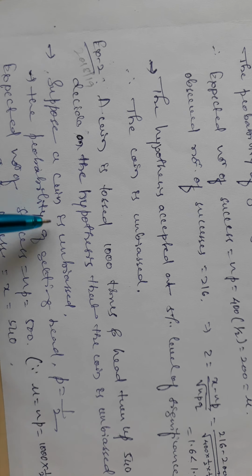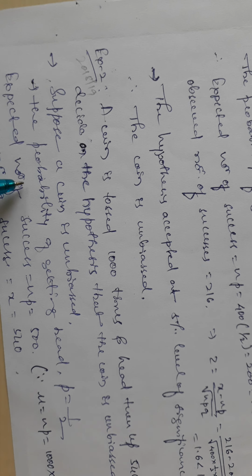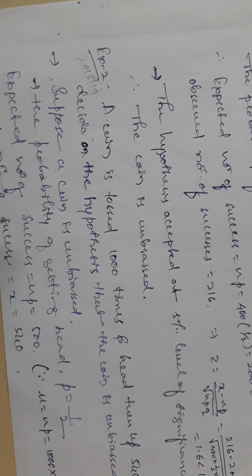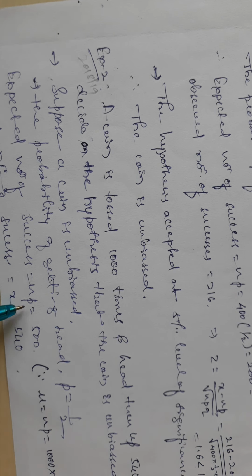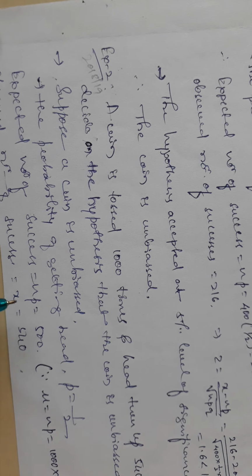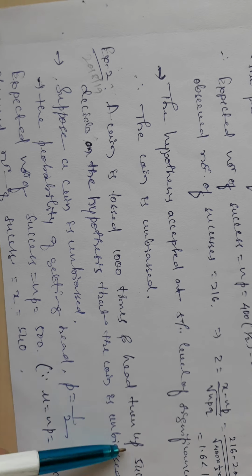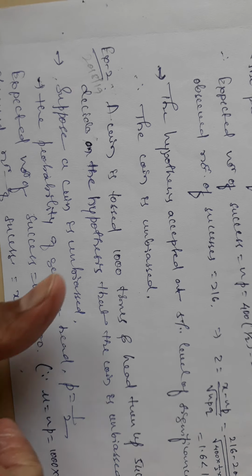Suppose the coin is unbiased, therefore the probability of getting a head is p equal to 1 by 2, then q is also 1 by 2. Expected number of successes, that is np: here p is 1 by 2, n is 1000, therefore we get 500. Next, the observed number of successes, that is x, here heads turned up is 540.